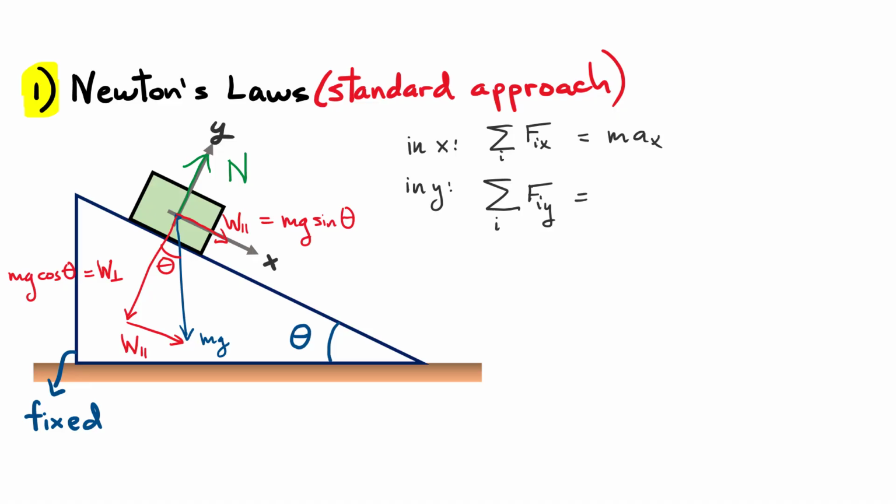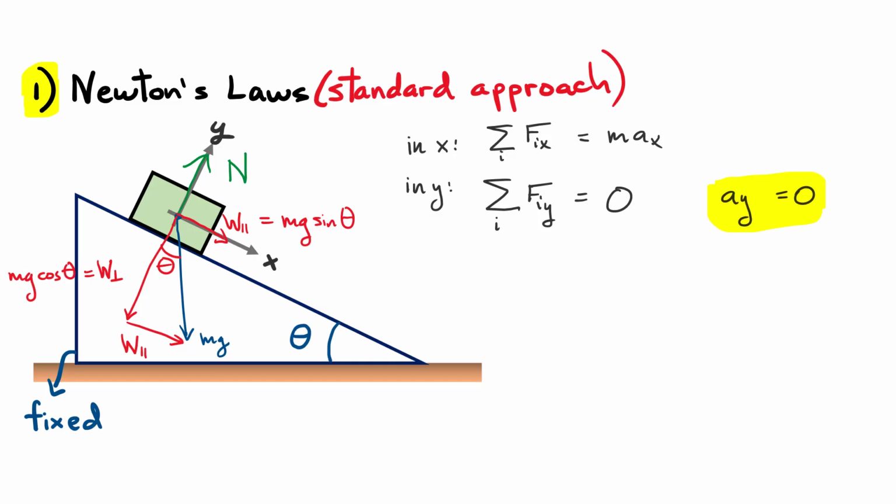And now we're using some of the implied constraint, because by setting up a coordinate system like this, I know just from common sense that the block is not going to fly off or go into the wedge. So I know that this acceleration has to be equal to 0. I go ahead and write that statement down, so I'm already using the constraint a little bit when I'm writing down this equation.